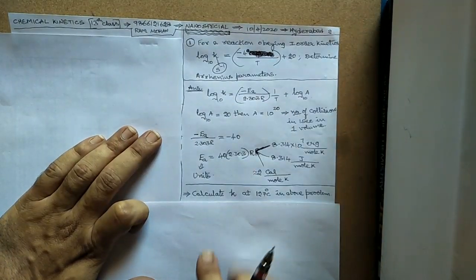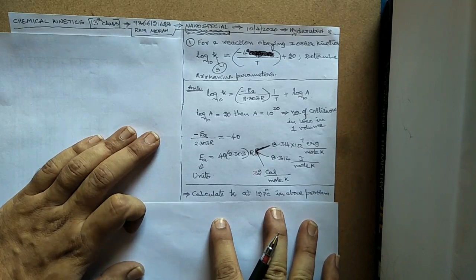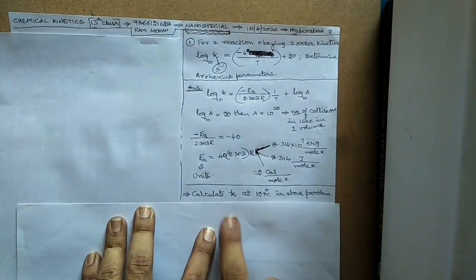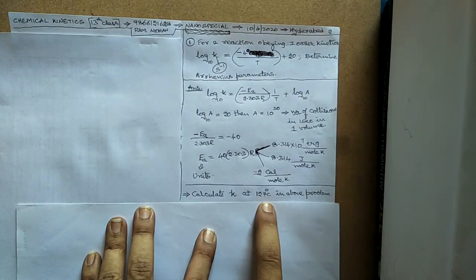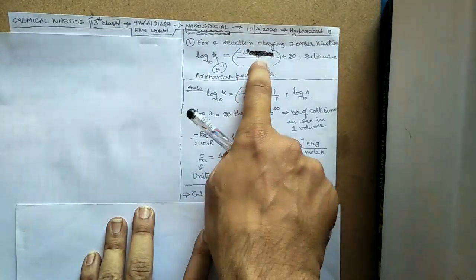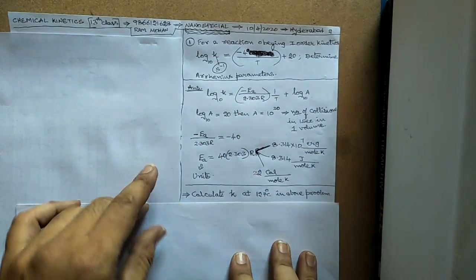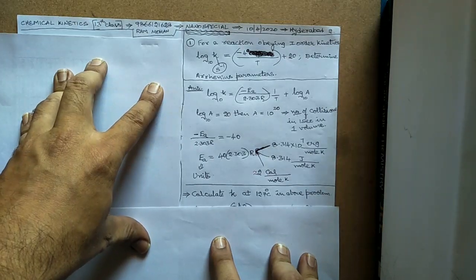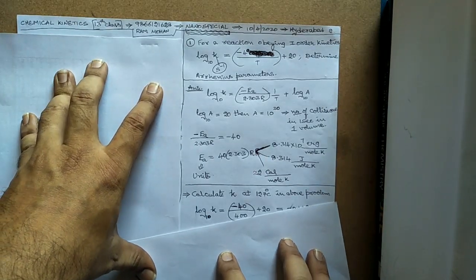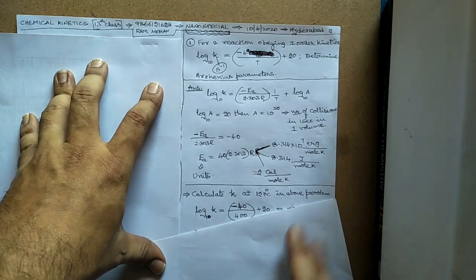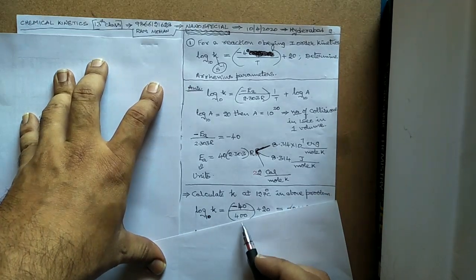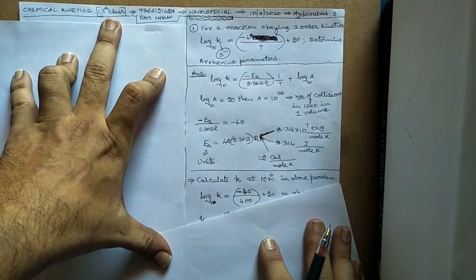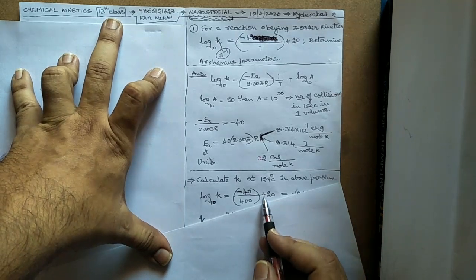So continue. Calculate k at 127 degrees Celsius in the above problem. How do we determine k? At 127 degrees Celsius, convert it to Kelvin, substitute here, get log k, find the antilog of it, and you will be getting k. The substitution part is this: log k to base 10 is minus 40 by 400 plus 20.